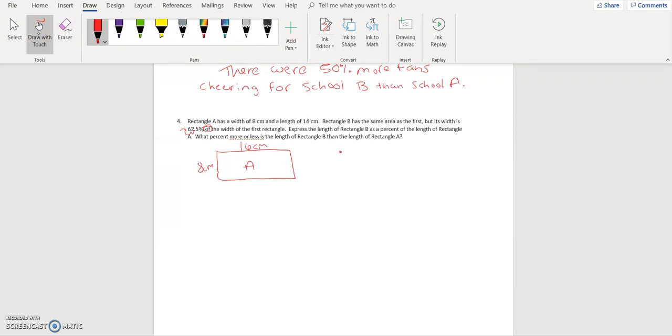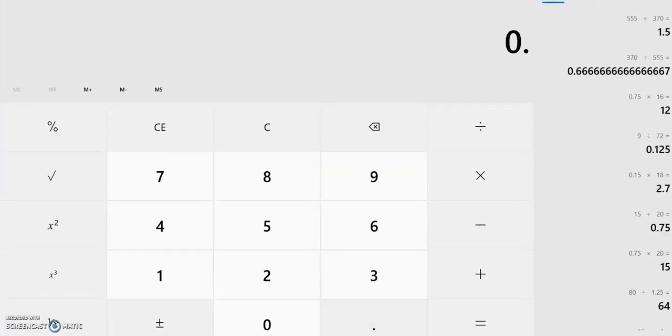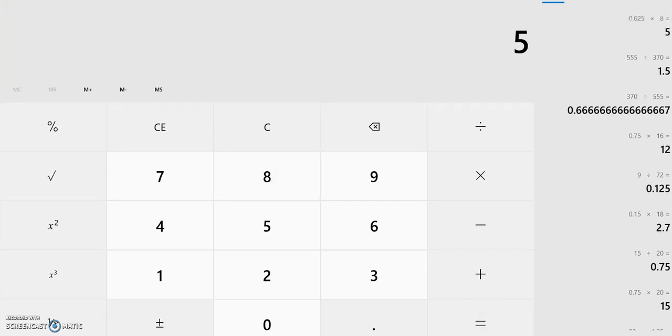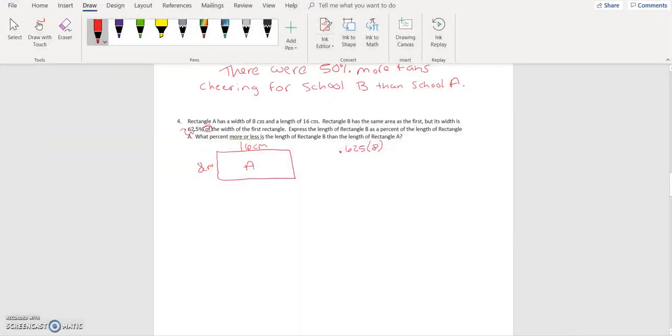The percent of means to multiply times the width, which was 8. So 0.625 times 8, I get 5. So the width of rectangle B is going to be less. So this is going to be 5 centimeters.